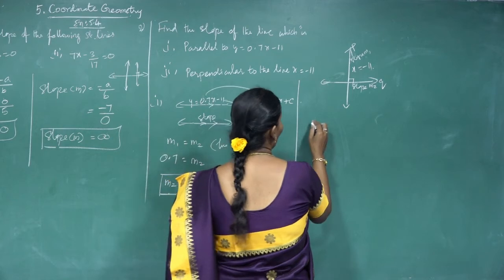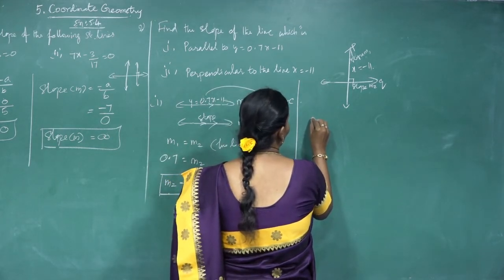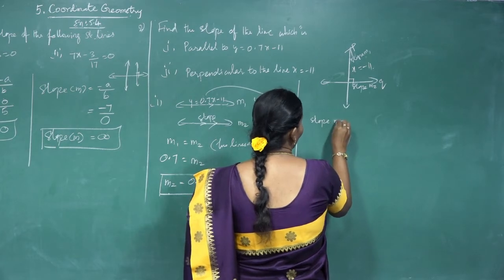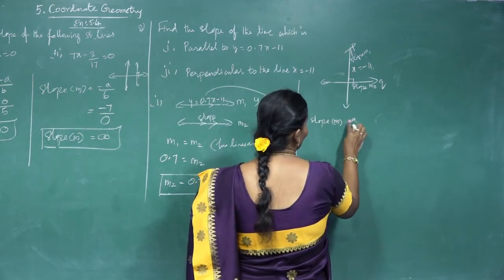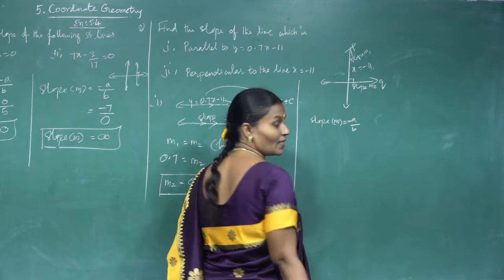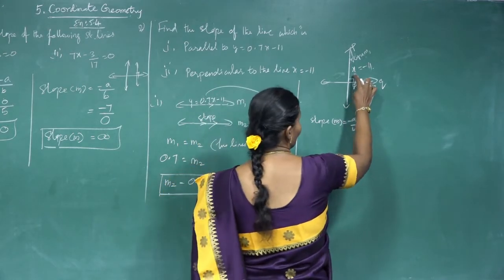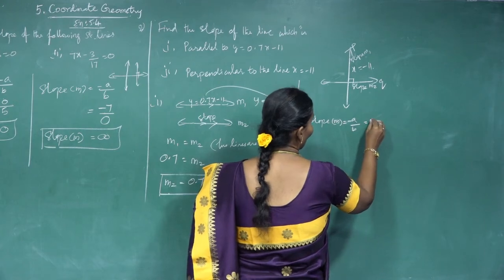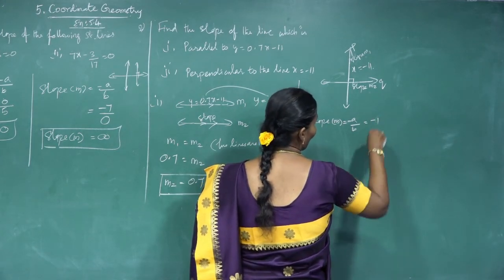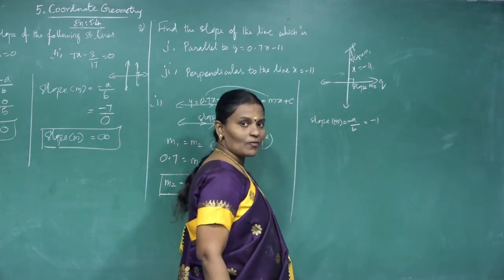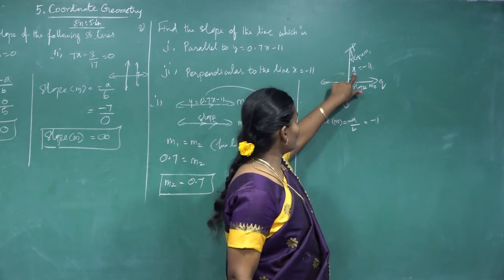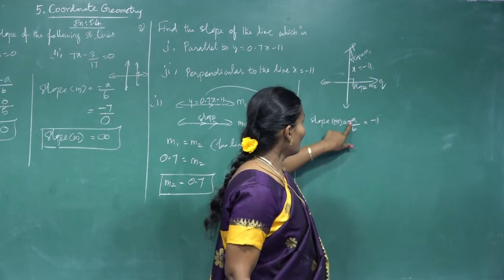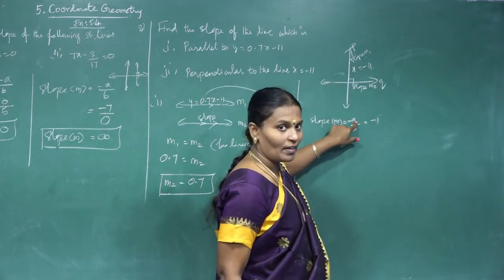You know that the slope m is equal to minus a by b, isn't it? Here the coefficient of x is 1, so the numerator is minus 1.